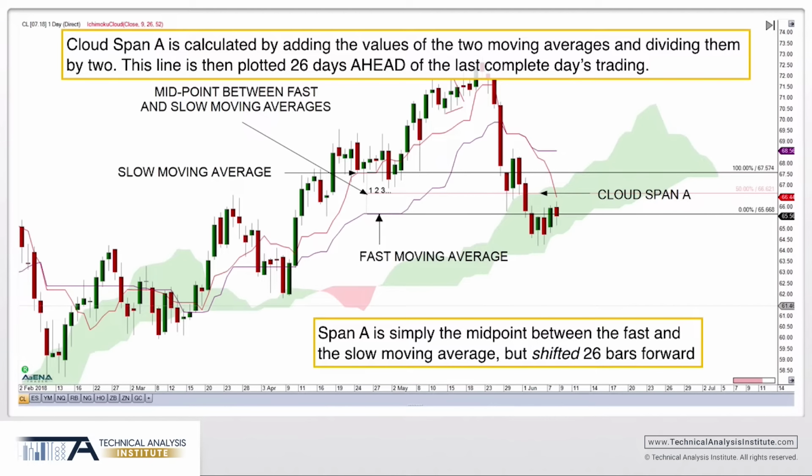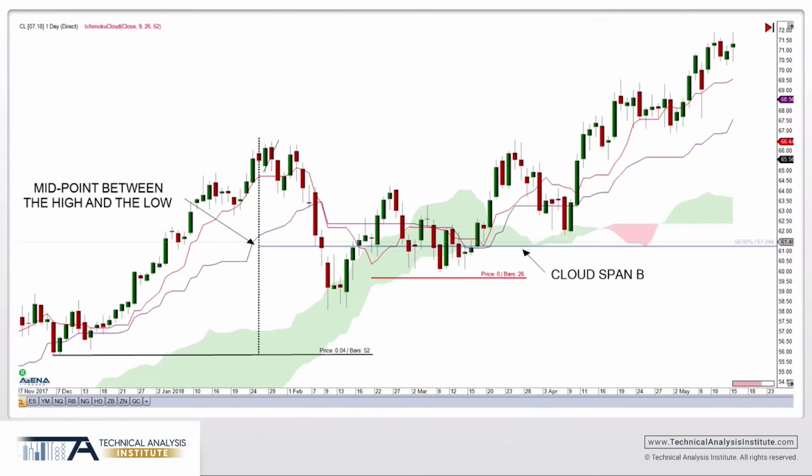Naturally, it goes against all the ignorant traders who, against all evidence, deny the possibilities to forecast the markets using sound analytical tools. Cloud span B is calculated in a way that is neither related to the standard nor to the turning lines, yet uses a similar process for its construction.